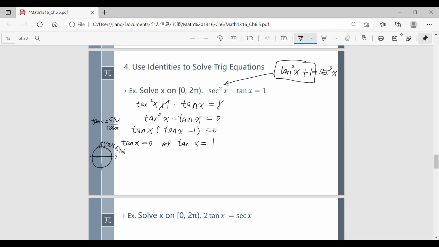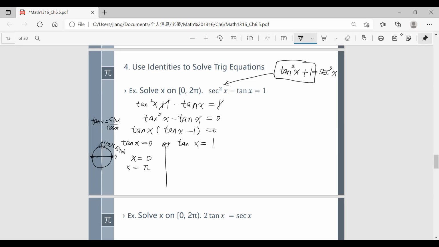So this one is 0. That means all the y's value is 0. That means it's here and here. That means x equals 0 or x equals pi. Because here or here.